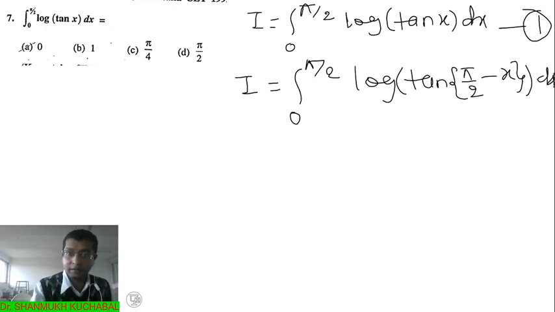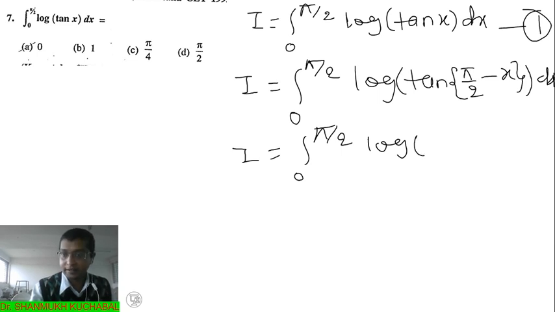So further I equal to integration 0 to pi by 2 log of tan of pi by 2 minus x, which is cot x, into dx. We call it equation 2.